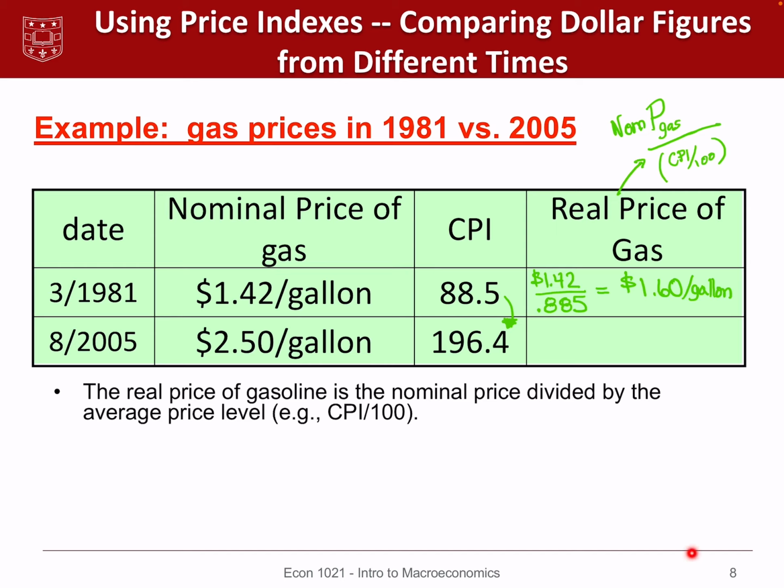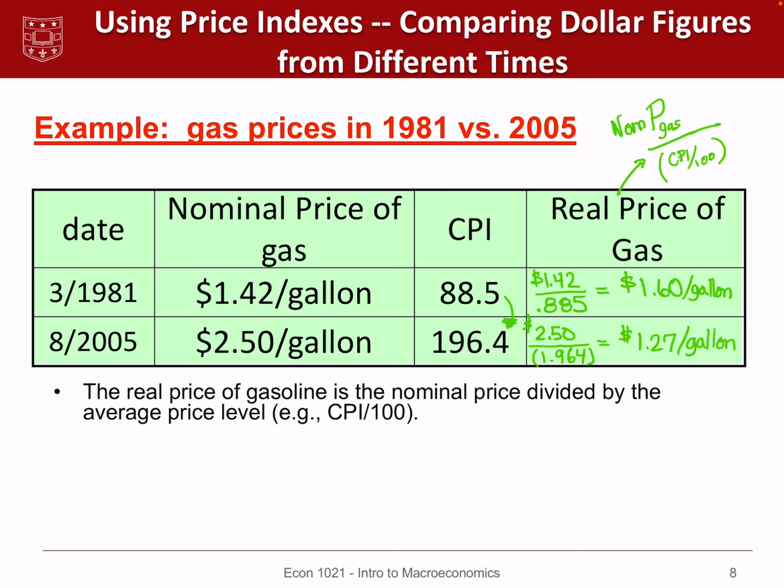Doing a similar calculation, we could find the real price of gasoline in 2005. It would be $2.50 per gallon divided by 1.964, and that would give us a measure of $1.27 per gallon.